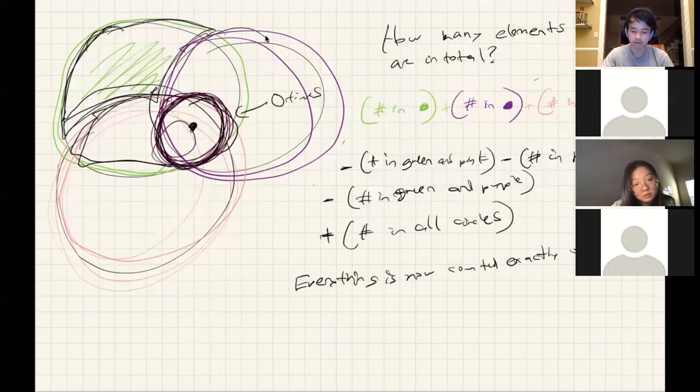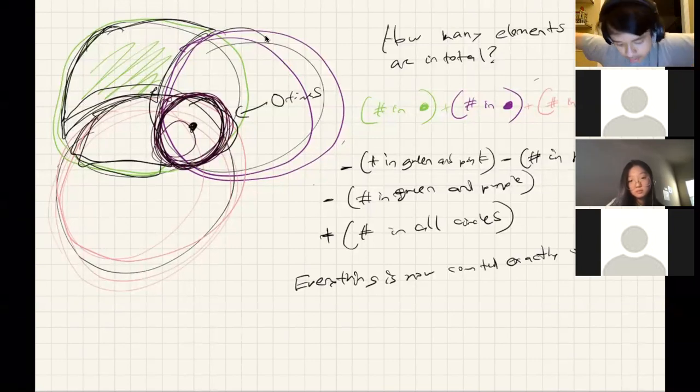Everything only in the purple circle is counted exactly once. Everything in the green and purple but not the pink is counted exactly once. Whatever region you zoom in on, we've done our including and excluding such that everything is counted exactly once. We've gone through all this trouble to make sure we've not overcounted or undercounted.